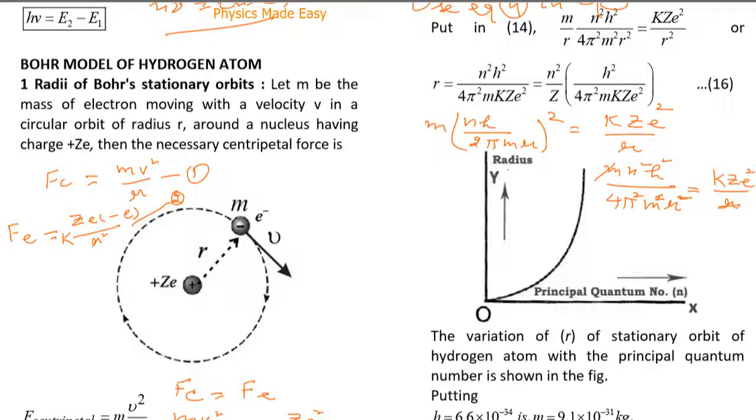r is equal to n square h square divided by 4 pi square into K into Z into e square into m.